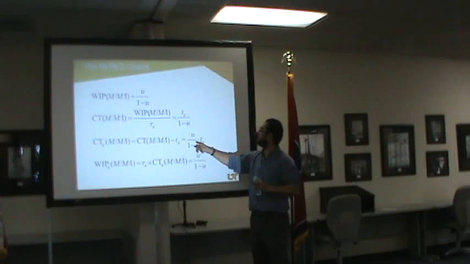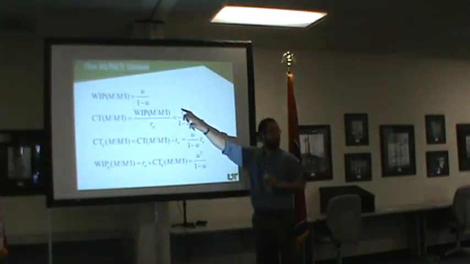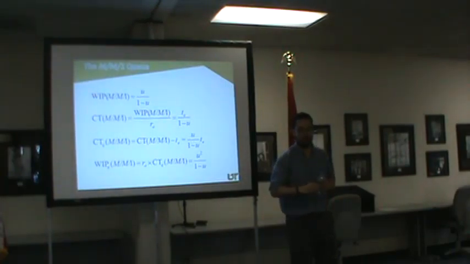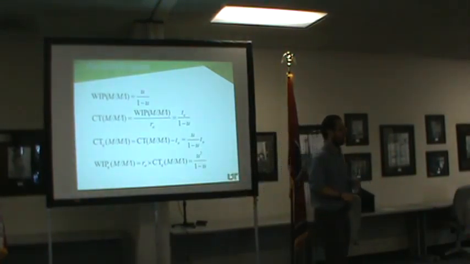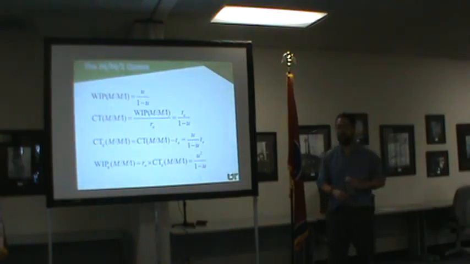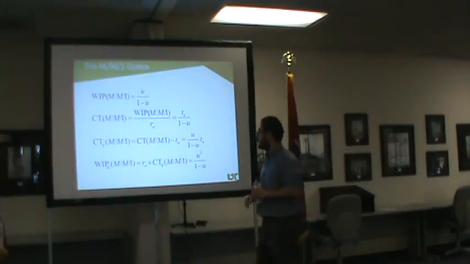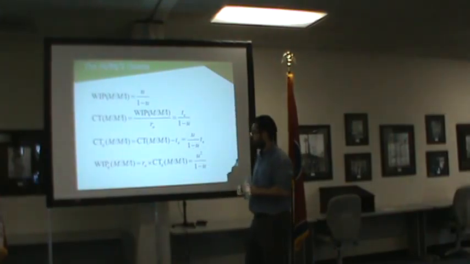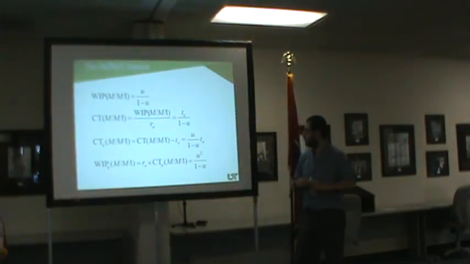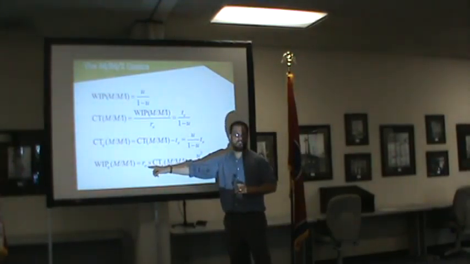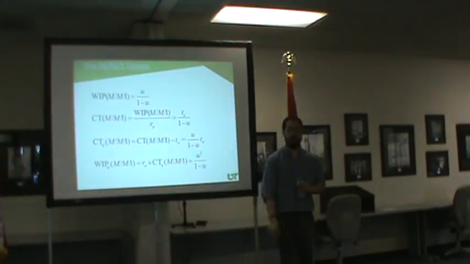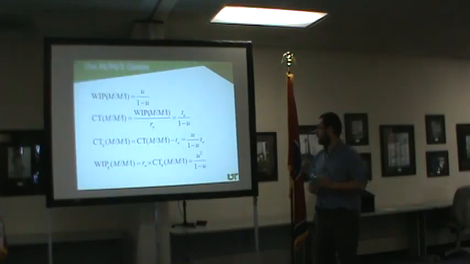So this equals the same thing times u divided by 1 minus u times the processing time. Okay, average processing time. So the last one is the inventory in the queue. That's basically the relationship between rate of arrivals times the cycle time of the queue.